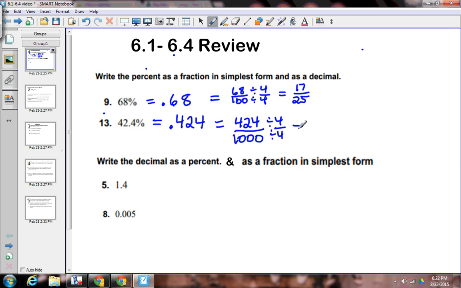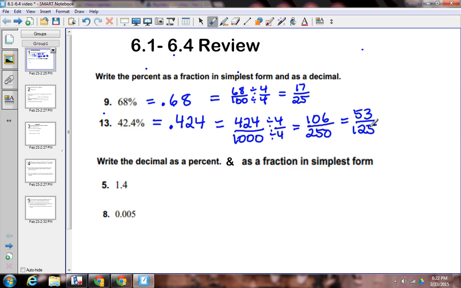And we end up with 106 over 250. Oops, we're not done yet. We got to divide by 2. We end up with 53 over 125. Okay, now we are in simplified form.